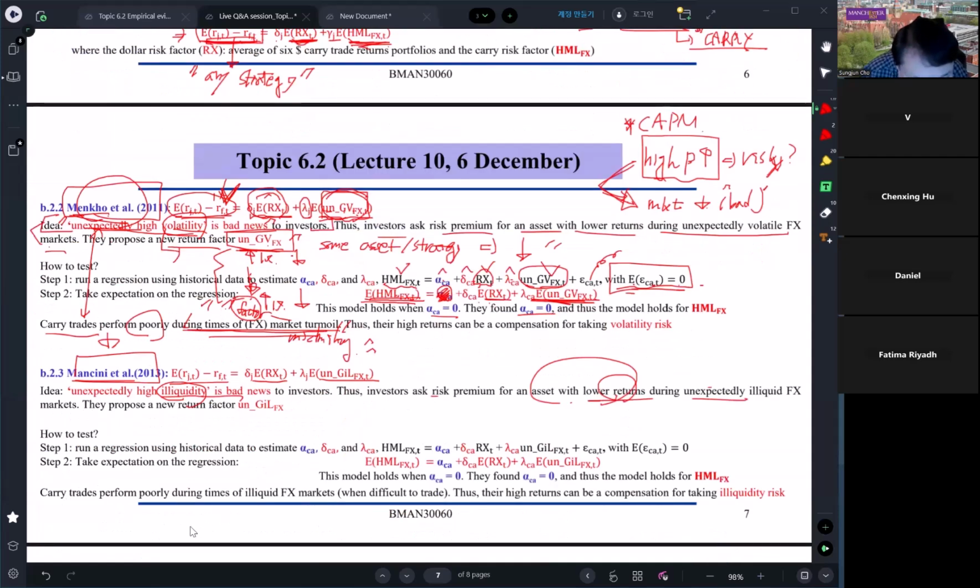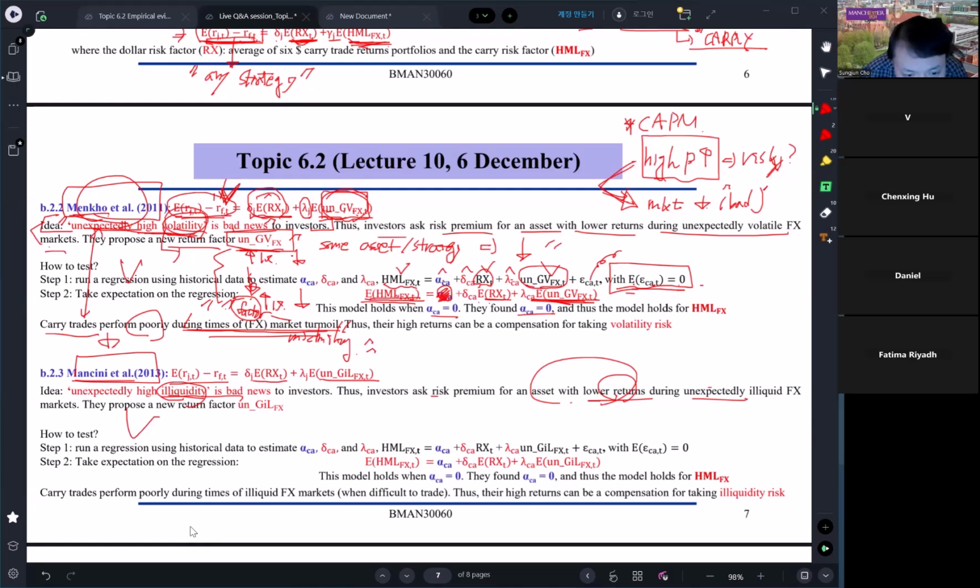So this paper and this paper are almost the same in terms of structure and explanations. The only difference is that here you use volatility as something generating bad news, and here you use illiquidity as something generating bad news.